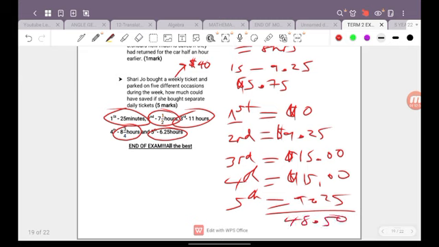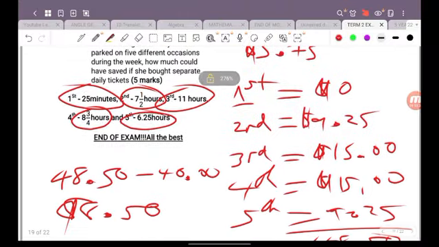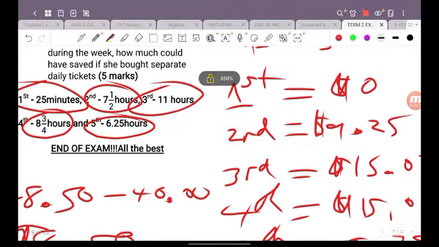But because she bought a weekly ticket for $40, which would allow her a lot more parking time and more convenience, by buying the weekly ticket, she ended up saving a total of $48.50 minus $40. She basically would have saved a total of $8.50. All right, and that brings us basically to the end of this exam paper.